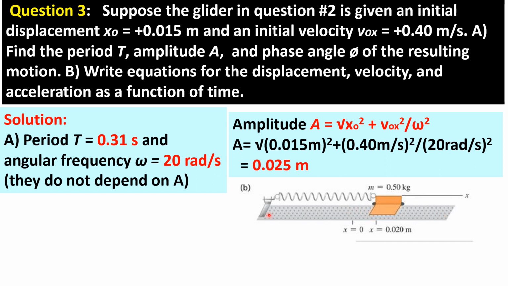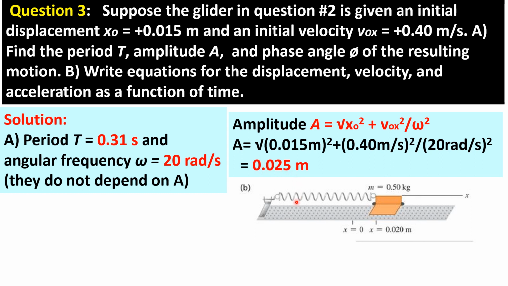Likewise, to the left of the equilibrium position, we also have a negative maximum displacement, but the magnitude of that negative displacement is also known as the amplitude. So it is always expressed as a positive number.